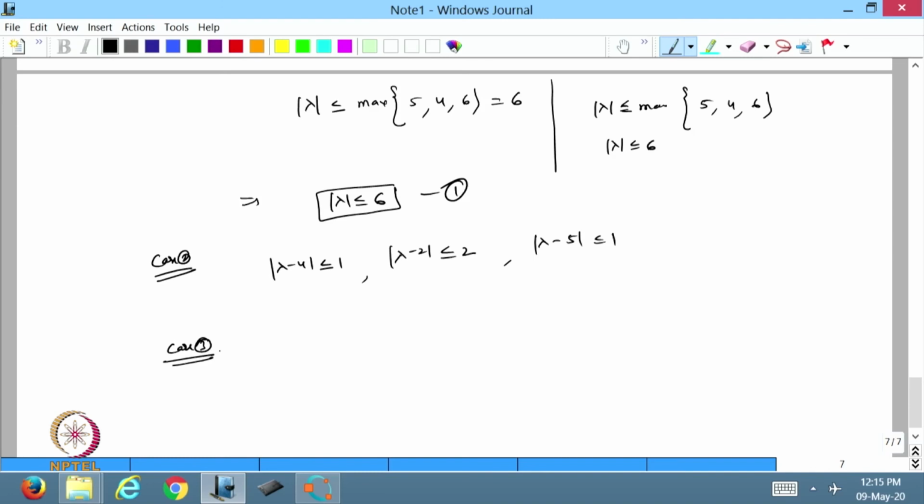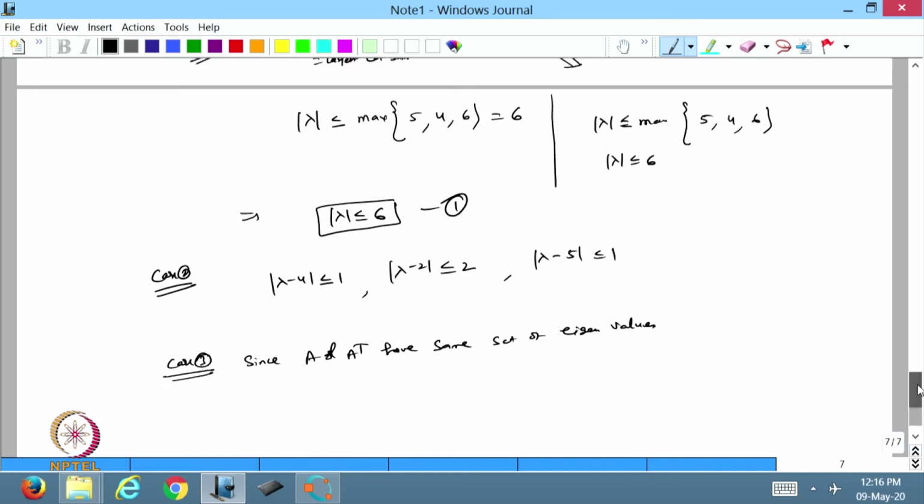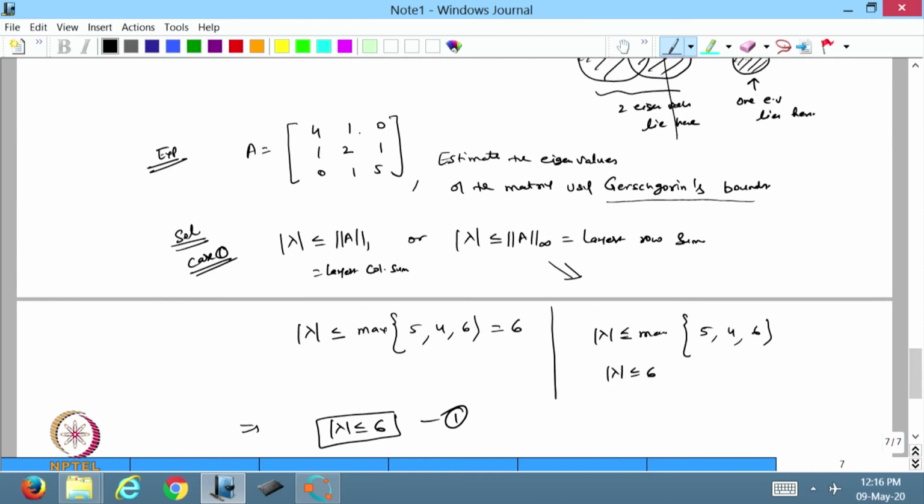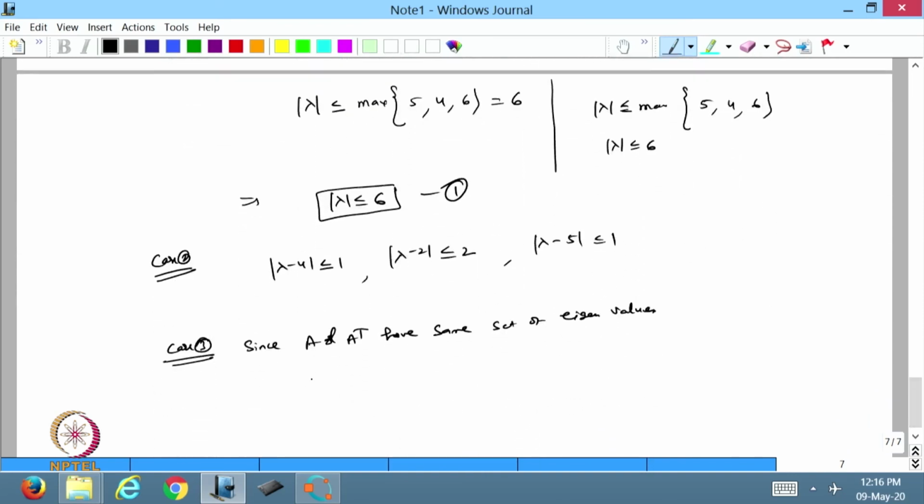Since A and A transpose have the same set of eigenvalues, what do we do in this case? Instead of finding the rows, I can take the columns.